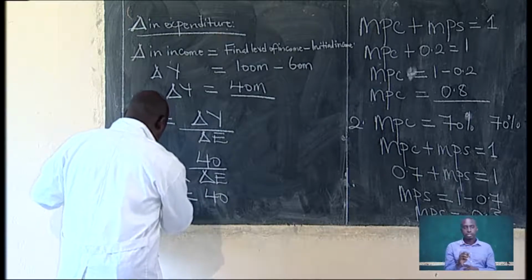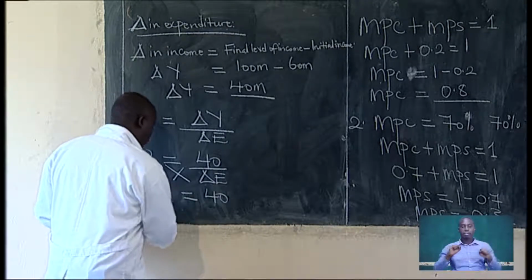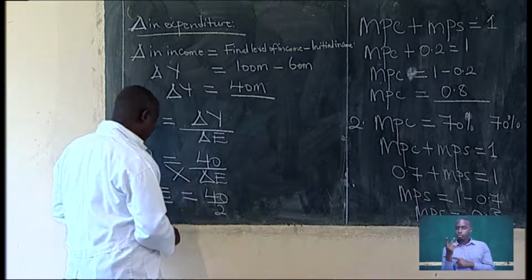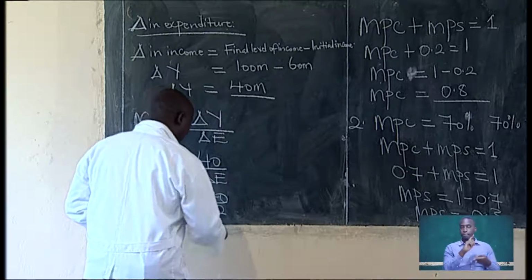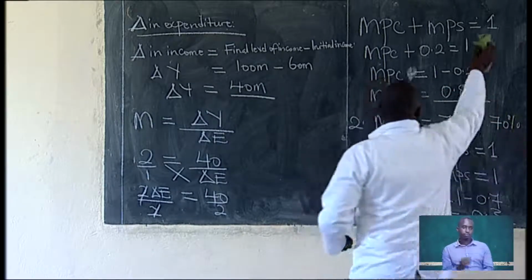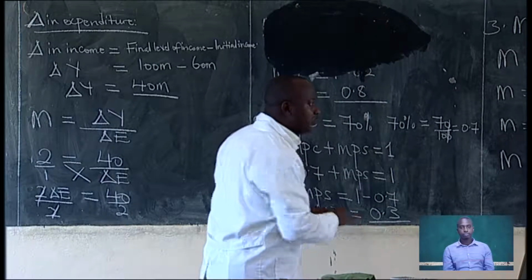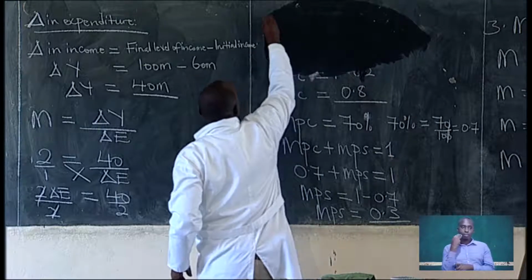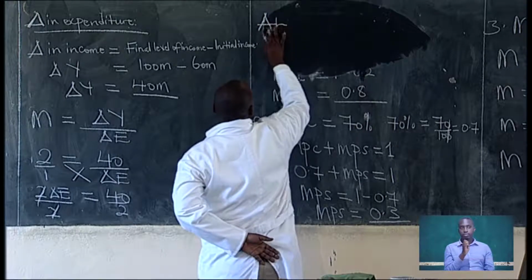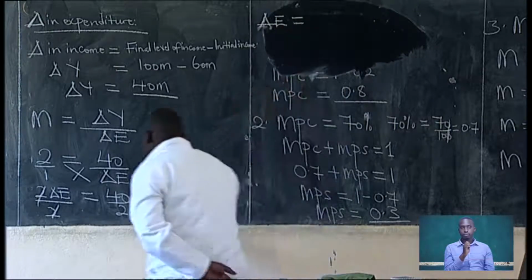In order to remain with the change in expenditure, we divide both sides by 2. 40 divided by 2.